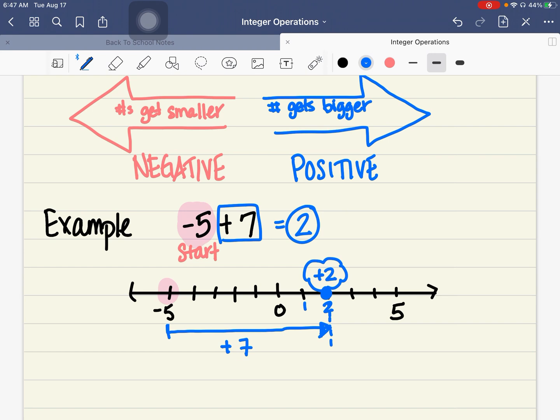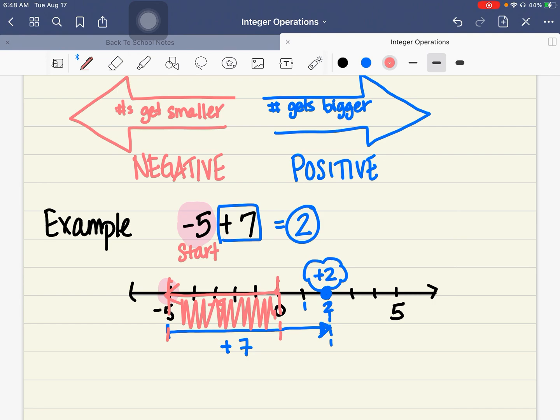Okay, so what ends up happening here is it looks like we had to subtract. If you start here at 0 and I have to go this way first, which is -5, do you see how these two overlap each other? And that's where the subtraction comes, because those two cancel each other out.